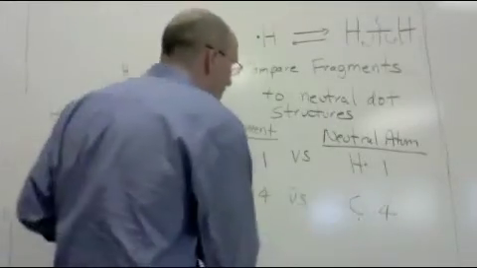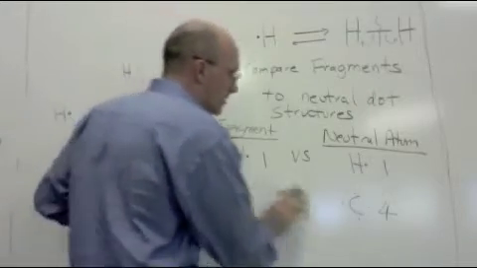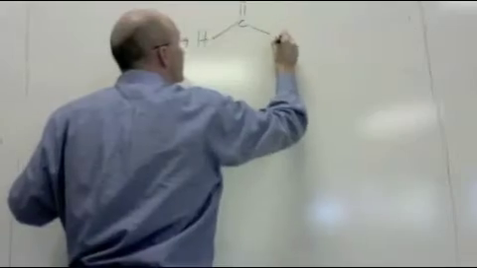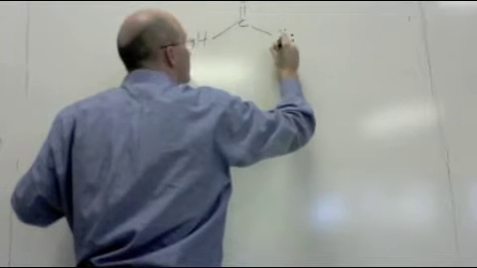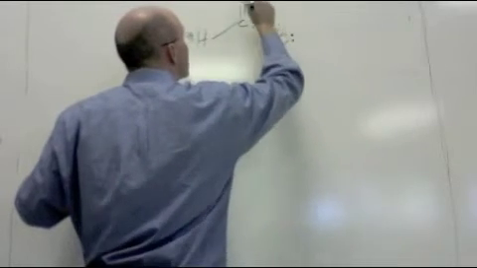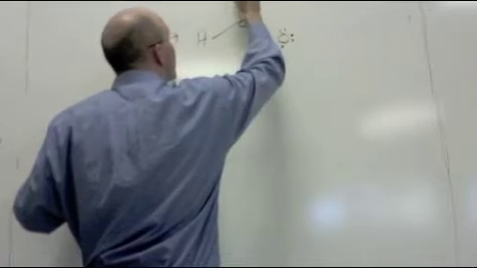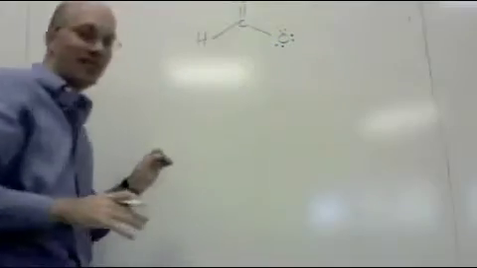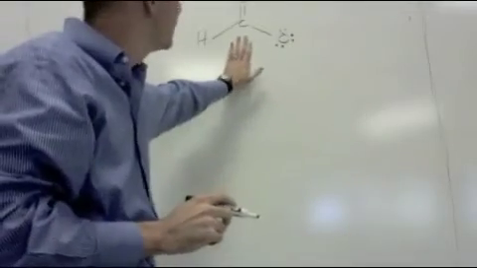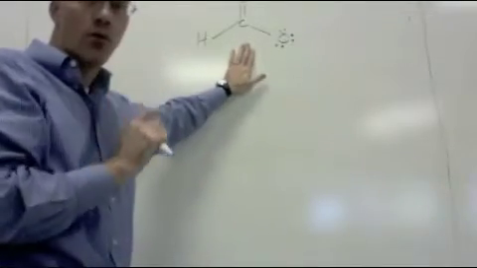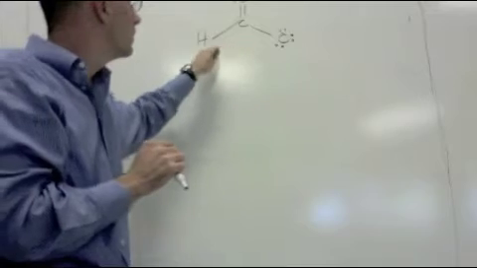Let me show you a sample of something which has got a charge. I almost drew the charge on there, but it's kind of a habit. What you have here is called a formate ion.